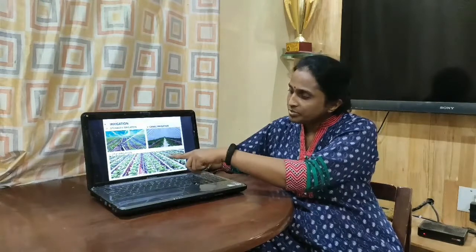And the third picture is drip irrigation. You can see small pipes are connected to each plant here. Through these pipes, every plant will get the water. And drip irrigation is one of the best processes to conserve water also. Okay, these three are the methods of irrigation. Irrigation means supplying water to the plants.